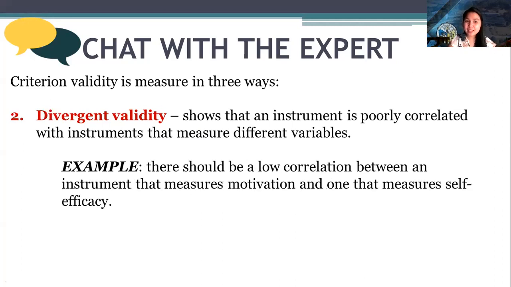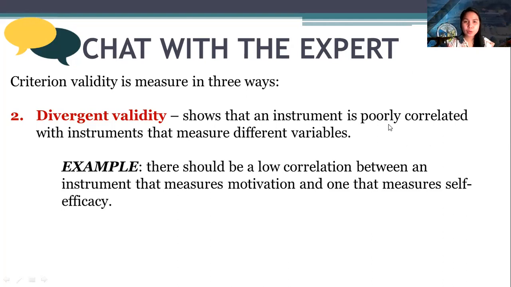In the next one, in divergent validity, it means that, diba, converge. If both variables are having the same symptoms, they must have almost the same questions. Diverge. If they are different, then questions must also be different. Example, motivation and self-efficacy.